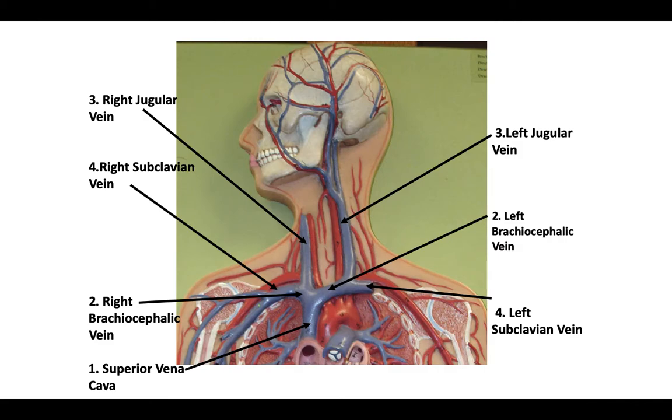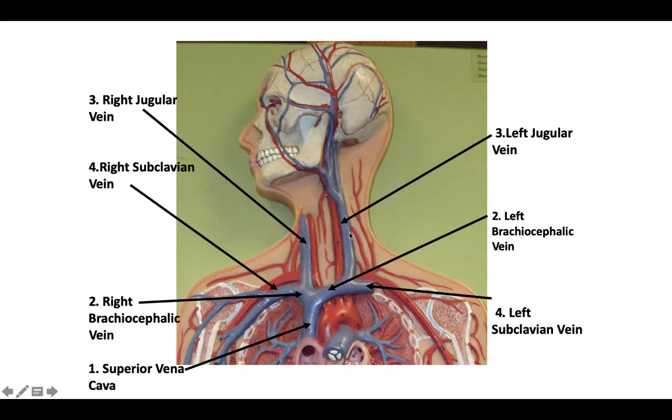What comes off the superior? A couple of different veins. So here we go. Coming off the superior, the veins split into 2 and then 2 more. The 2 that they split into are the brachiocephalic veins, which means both of these veins here are going to split and go up the head and down the arm. If they go up to the head, we call them the jugular vein.